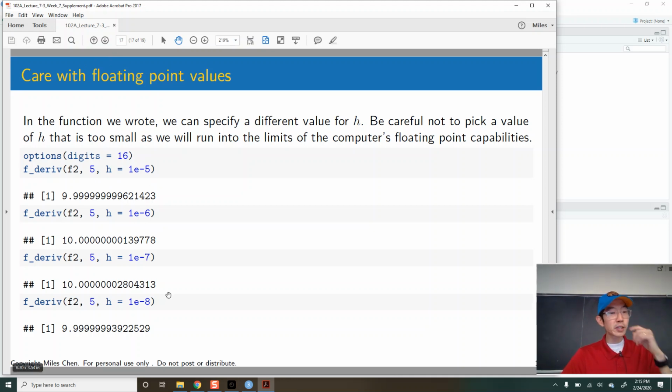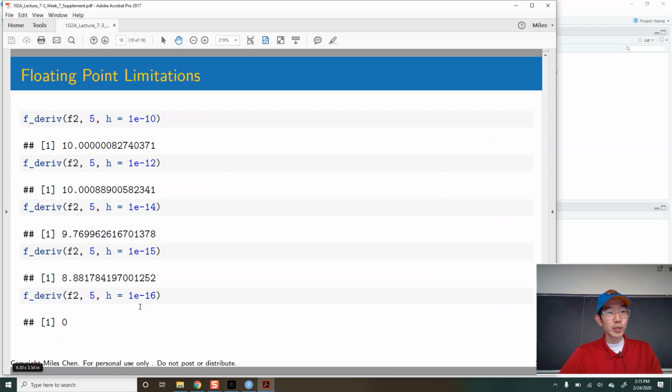We can see these are all performing pretty well, the true value being 10, and we're getting numbers quite close to 10. But when I get too small, my accuracy ends up being quite a bit off. I get 9.7, 8.88, and if I try 10 to the negative 16, it zeroes out. So obviously that's something we don't want to do.